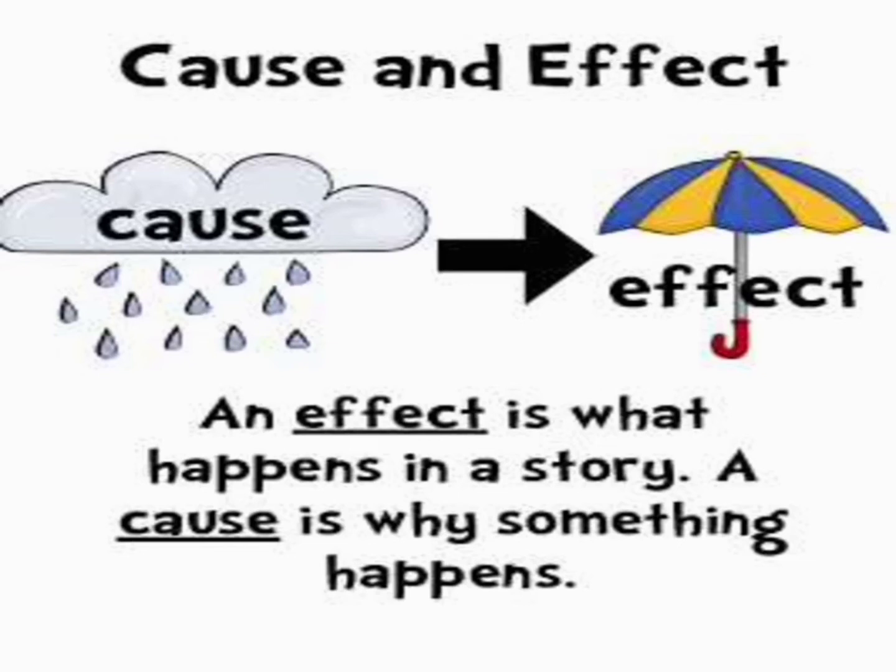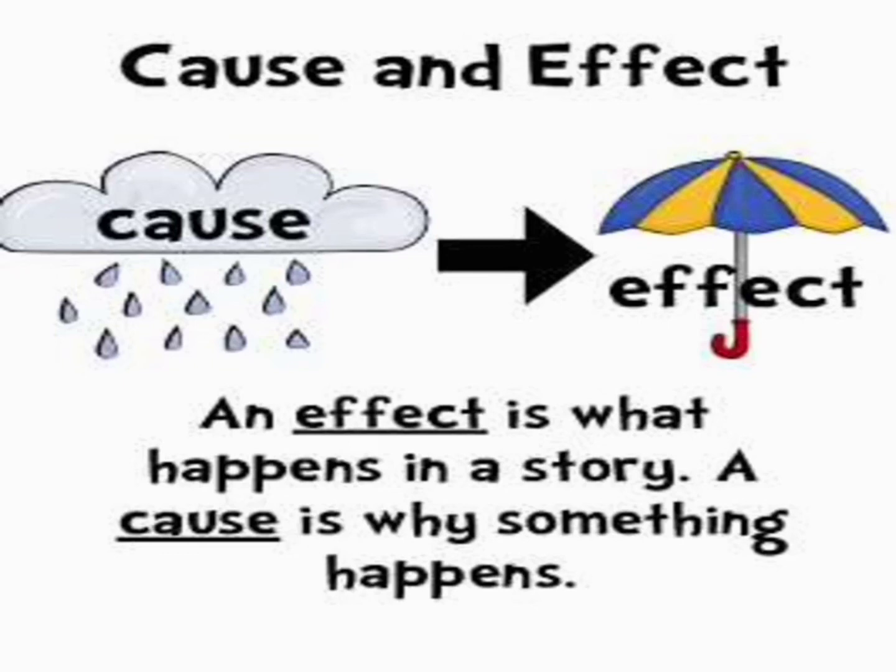Because of the rain or the heat, you are using an umbrella. If it is not there, no umbrella is needed. So the reason behind using the umbrella is the rain. That is the cause. Using the umbrella is the effect. An effect is what happened in a story. A cause is why something happens.